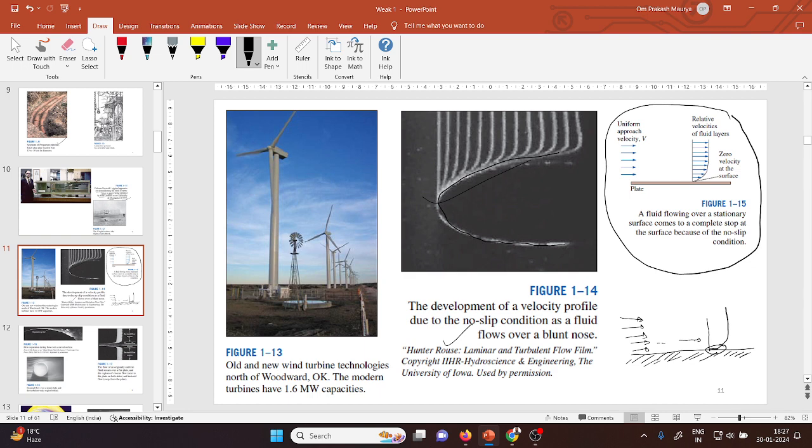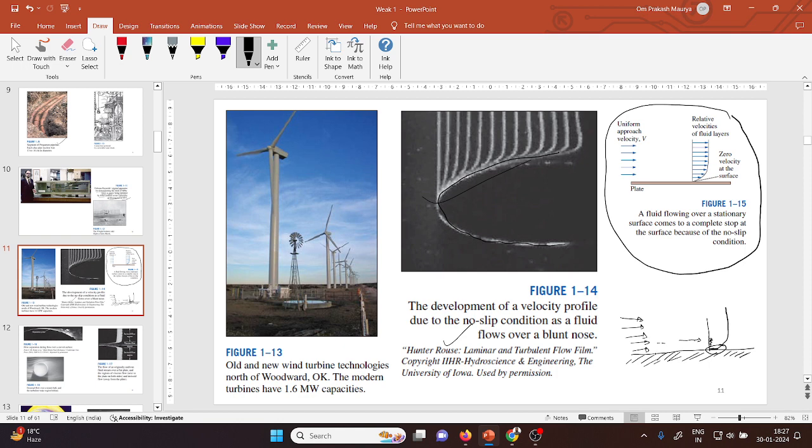On the surface the velocity is comparatively zero, and the surface effect propagates in the upward direction. So the surface friction, the bed friction effect, is propagated upward, but its intensity decreases as you move upward.